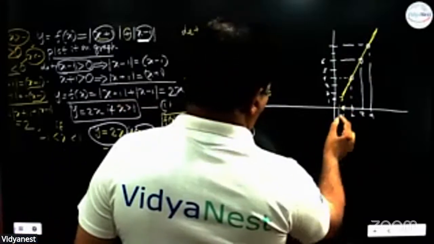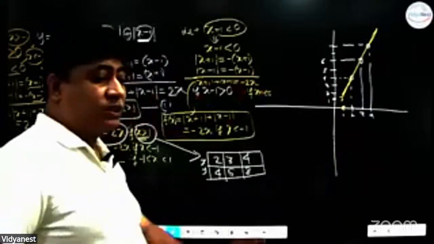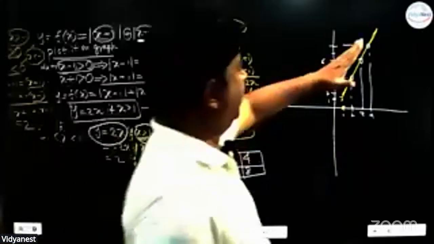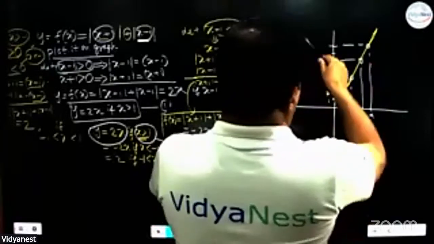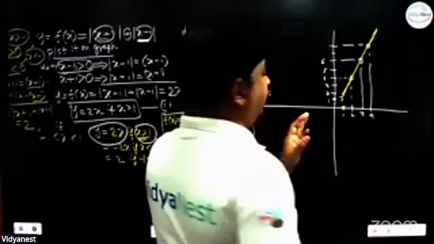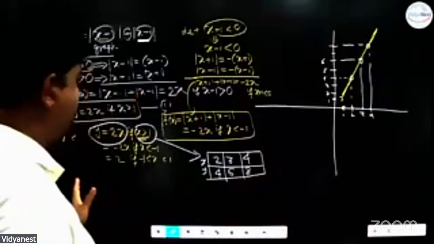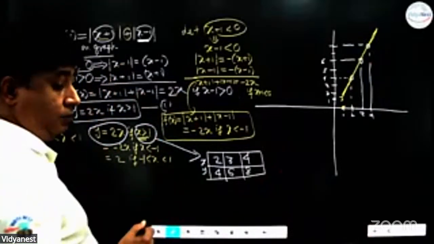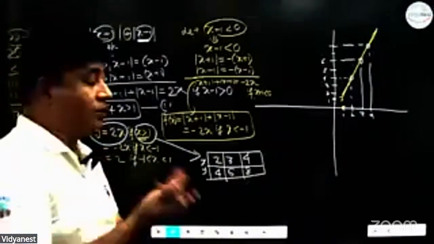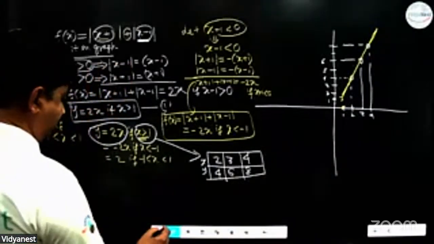And we know symmetry. So by symmetry or by folding this page, I will get a figure like this. But at the beginning, we'll choose arbitrary points. Then the subject will be much simpler for a student.